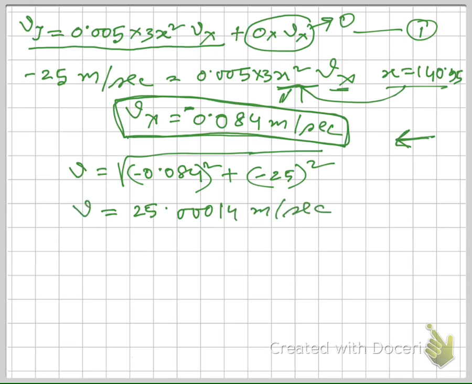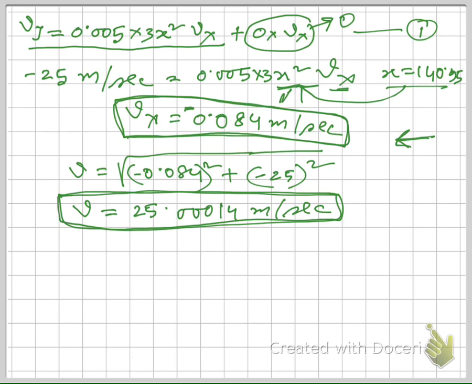That's the magnitude of the velocity, and we see it's almost the same as the vertical downward velocity, because our x component is very small.